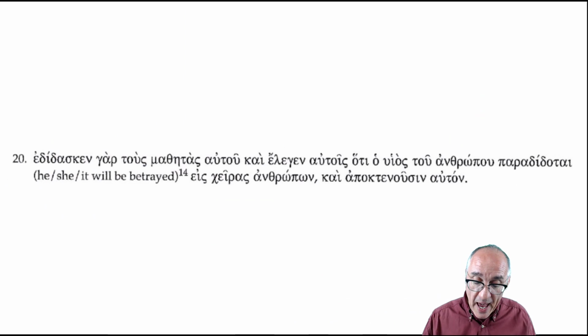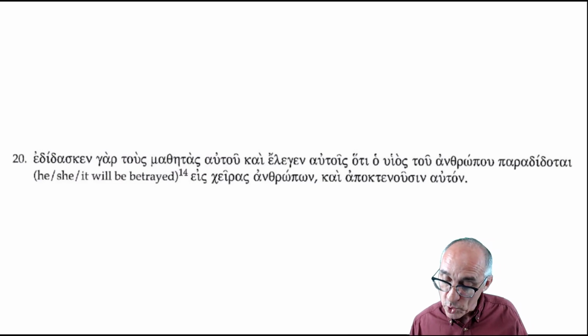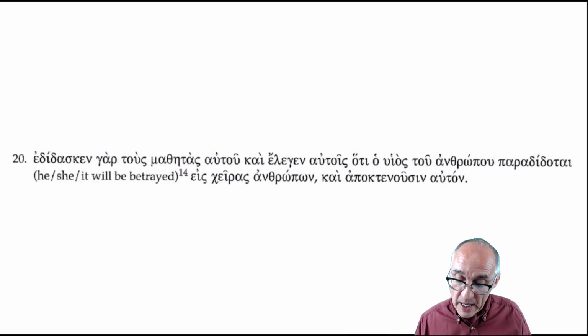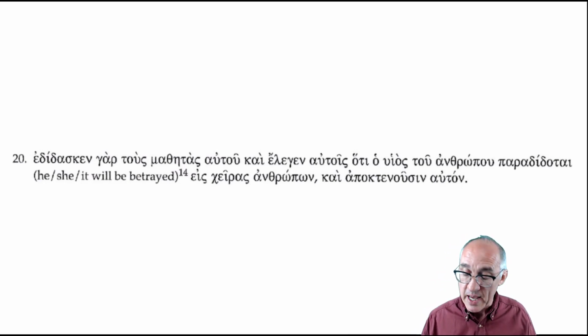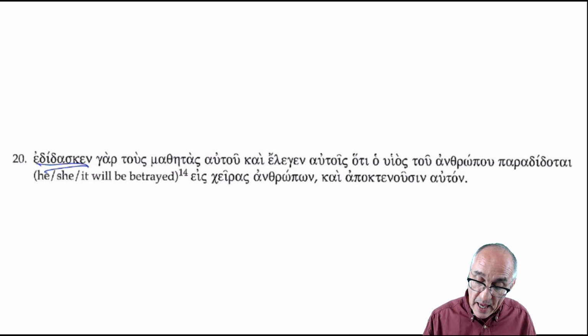Number 20. Edidasken gar tous mathetas autou kai elegen autois hoti ho huios tou anthropou paradidotai eis cheiras anthropon kai apoktenousin auton. Break this one up. Edidasken, tous mathetas, kai.